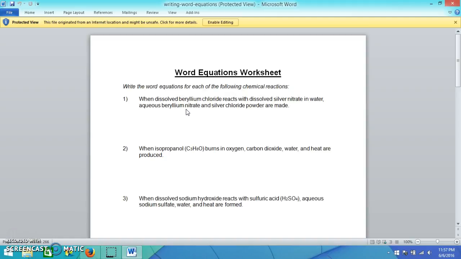So we've got beryllium again. These are going to be all ionic compounds here. Beryllium is a +2 ion, like we said. Nitrate's a -1 ion. And so we're going to need 2 nitrates. Remember, for polyatomics, if you need more than one, we need parentheses to show that. So it's going to be Be, parentheses, NO3, close parentheses, 2.